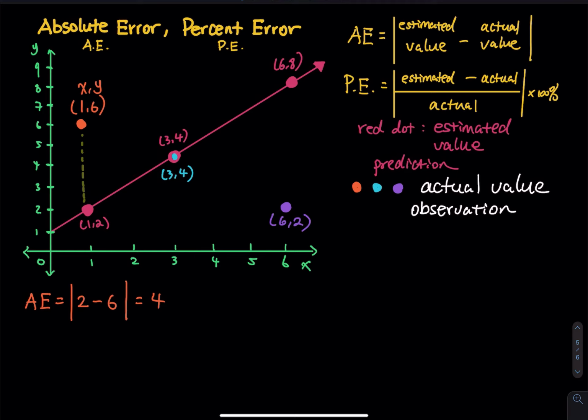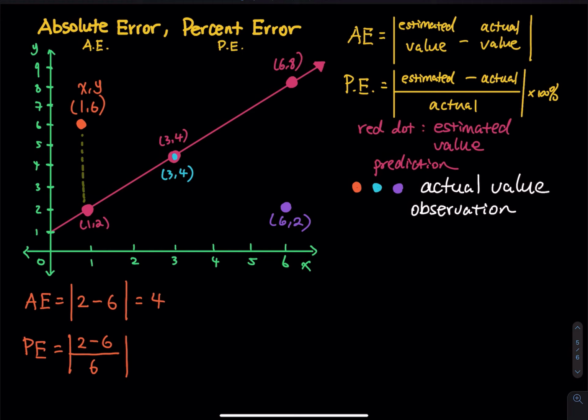What about percent error? Percent error is you take a few more steps, you take the estimated minus actual divided by itself, and then you multiply by 100, right? So the PE, you take 2 minus 6 divided by 6, because you have to divide it by the actual value. 2 minus 6 is equal to -4, which is 4 in absolute value.